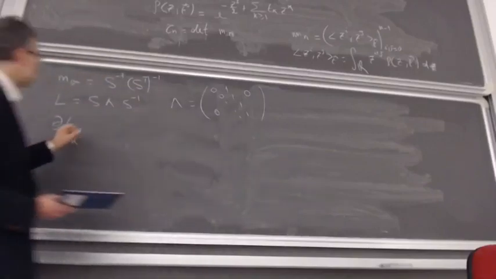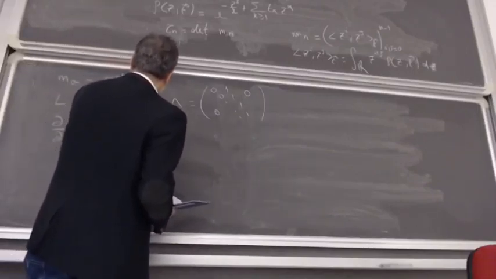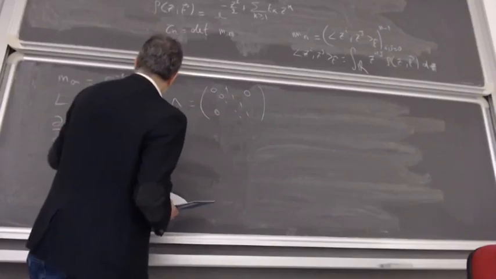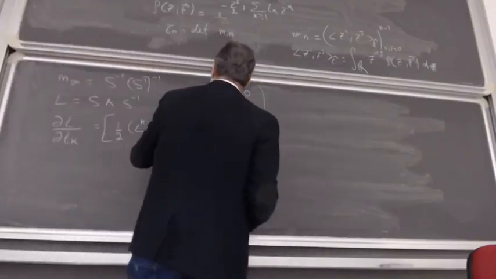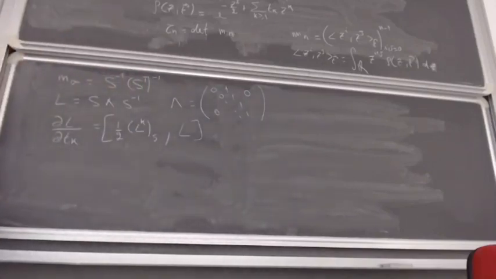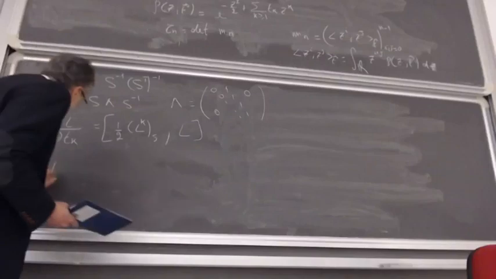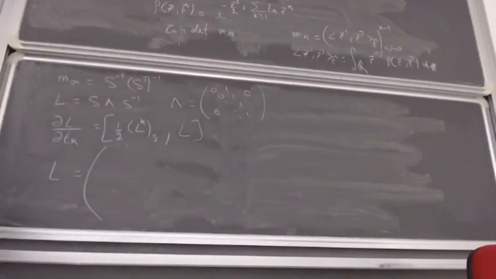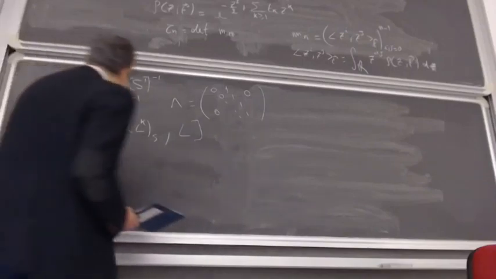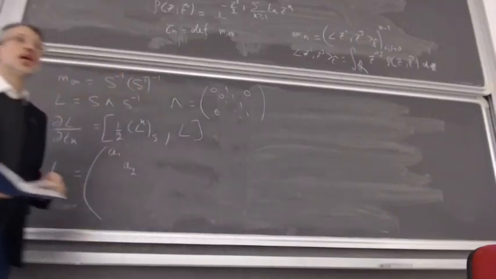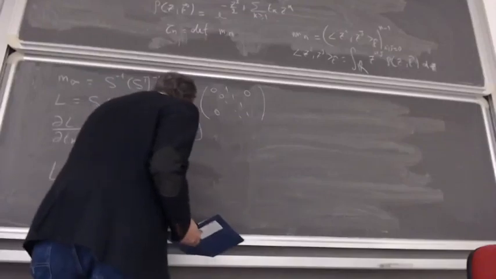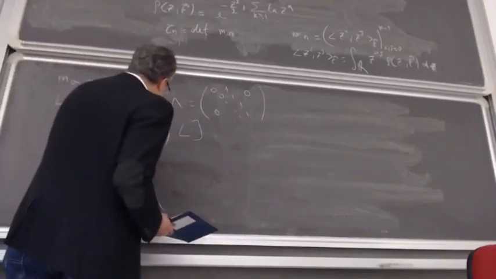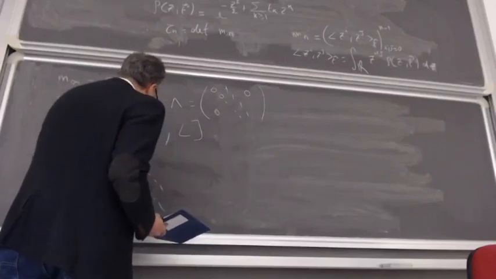So the derivative of L with respect to t_k is the commutator of 1/2 the skew-symmetric part of L to the power k, commutated with L. The matrix L is symmetric and tridiagonal, and I use this notation I introduced yesterday: a_1, a_2, and so on are the elements on the diagonal of this matrix, and then b_1, b_2, and so on are the off-diagonal terms.